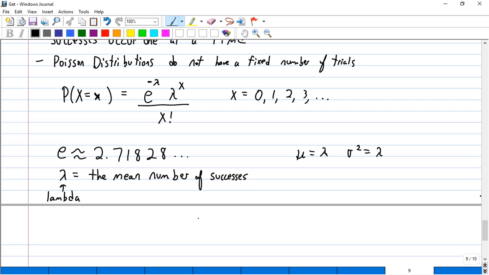There is a function in the TI calculators for the Poisson distributions. The way that you have to put it in, though, is a little different. There is a technology section in your book, in this section, that shows you exactly how to enter it in.